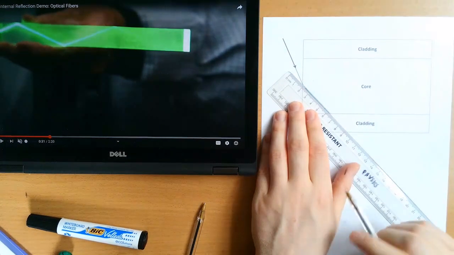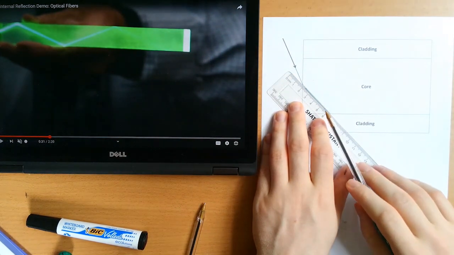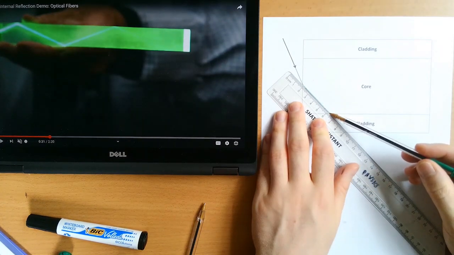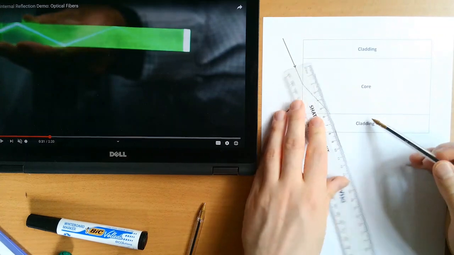Now, when you get to the cladding layer, remember the cladding is made of glass. This is just a demo, and what I'm going to tell you is at this point we are not greater than the critical angle. What that means is this light ray is not going to totally internally reflect, it's going to refract.